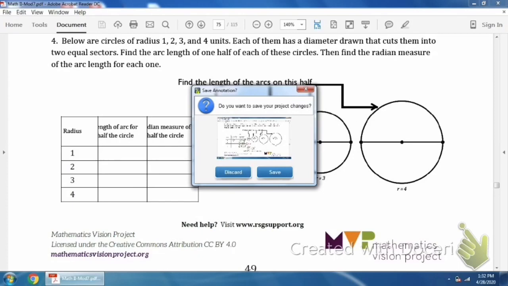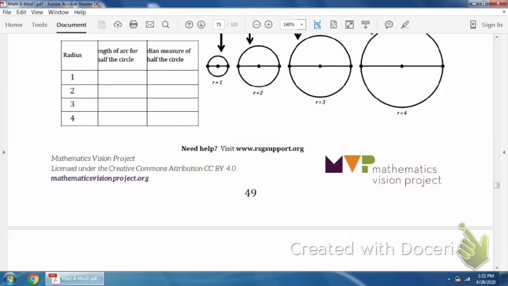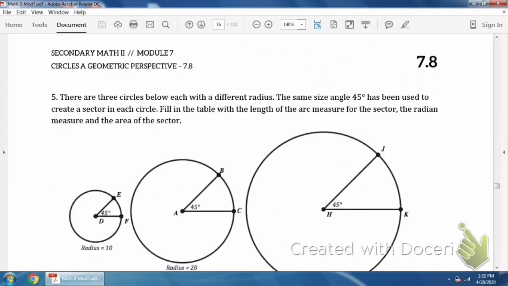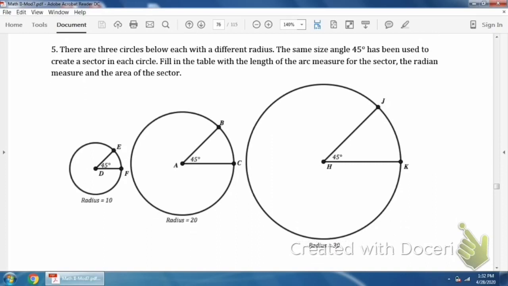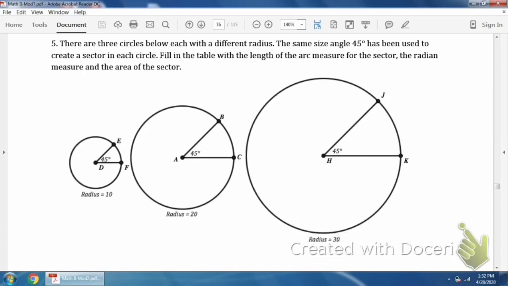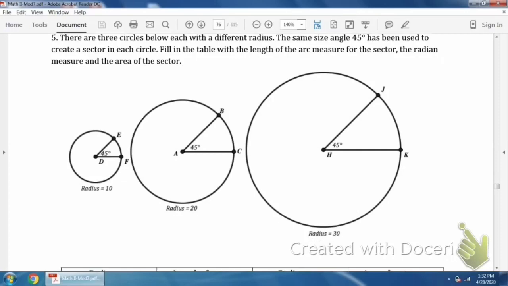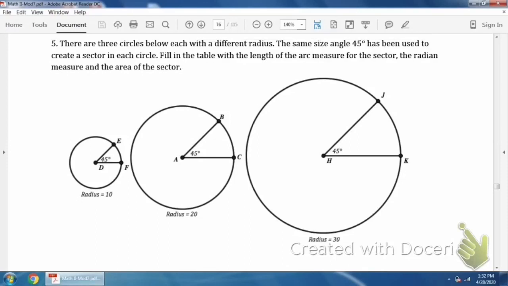Alright, so now when you get to 5, they give you 3 circles. The same size angle has been used to create a sector for each circle. You're finding the arc length, the radian measure, and the area of the sector. First off, arc length.